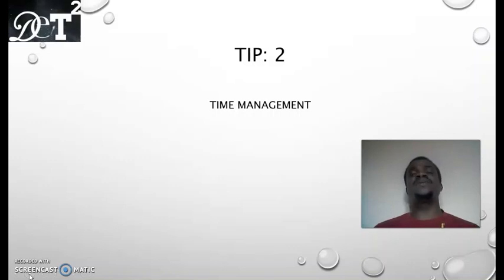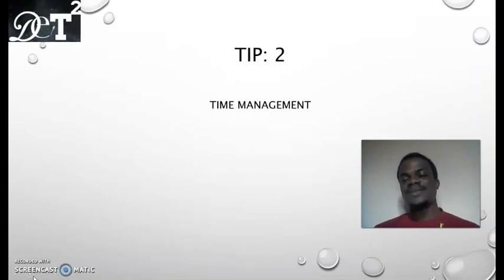And this time management also entails that when there are intervals where you have pauses, you are not supposed to just allow that time to go, or start thinking of another thing. No, just try as much as possible to read the next question and get ready for the next one, because this is not like when you are practicing. If you make any mistake, you replay, try to understand and all that.